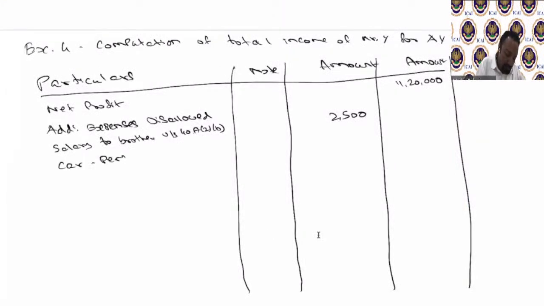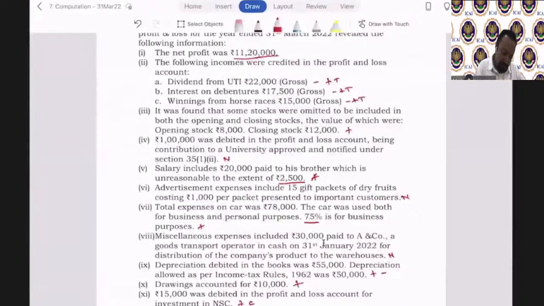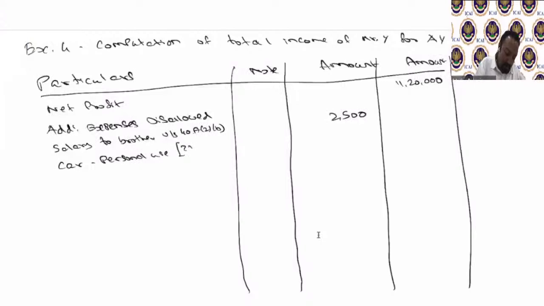Car personal use, it was 78,000, right? 78,000 into 1/4, that is 25%, will be 19,500. So that is your addition.